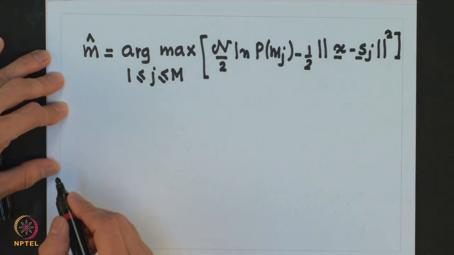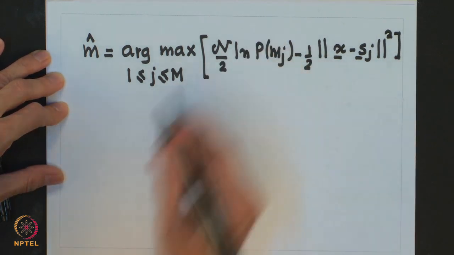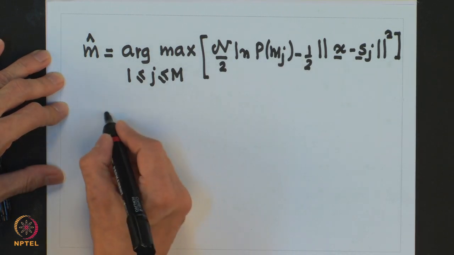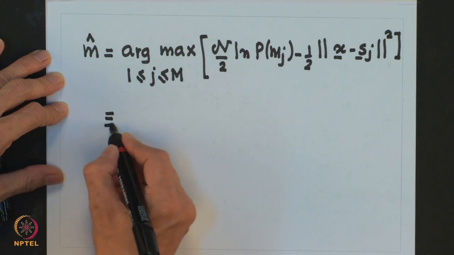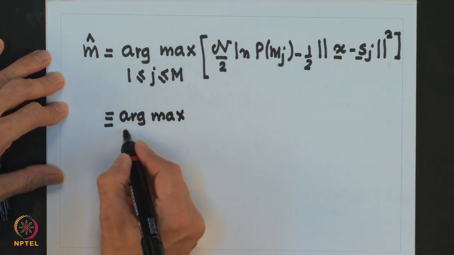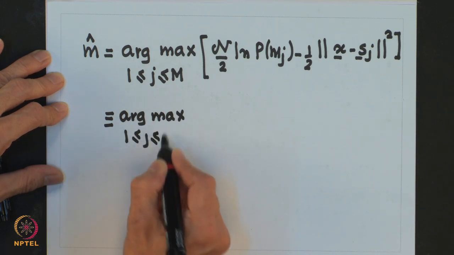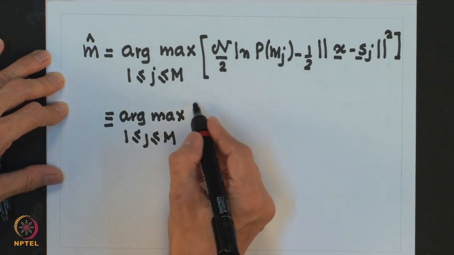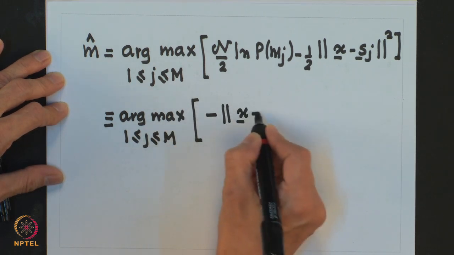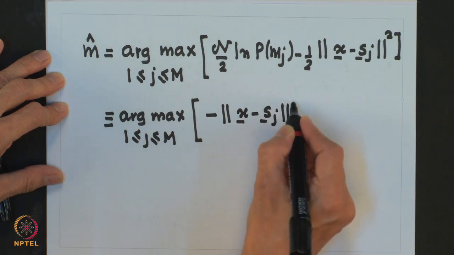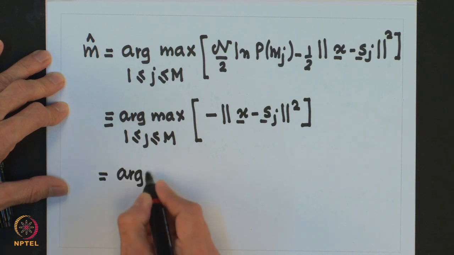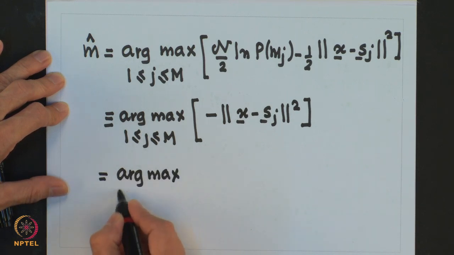This is my rule, and if this quantity is constant for all j, in the equiprobable transmission case, this will get modified to the following decision rule, which is equivalent to this expression.